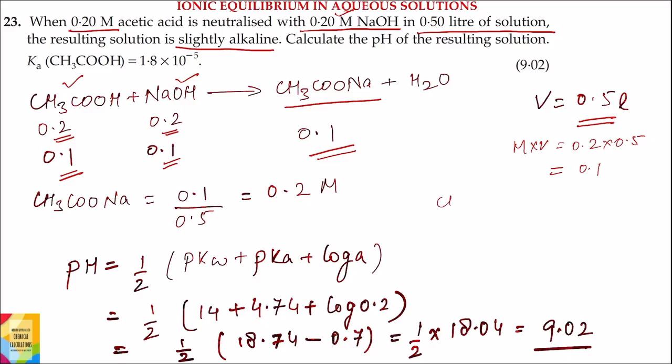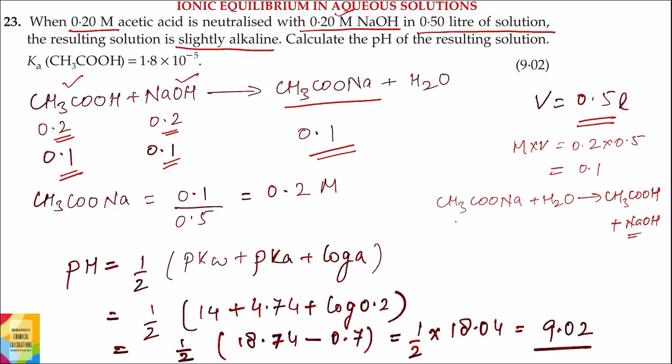Now, this sodium acetate in the presence of water will form weakly dissociated acetic acid and a strong base, that is NaOH, because of which the solution will be basic, because the base formed is a strong base which remains dissociated to give Na plus and OH minus ion.